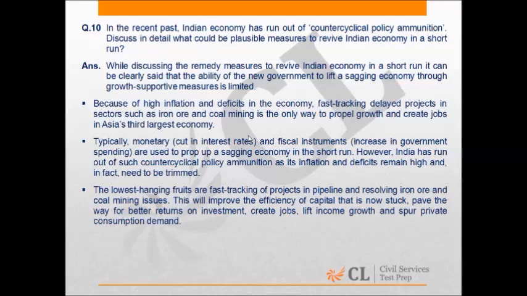Apart from it, while discussing the remedy measures to revive Indian economy in short run, it can be clearly said that the ability of the new government to lift a staggering economy through growth supportive measures is limited. Why?